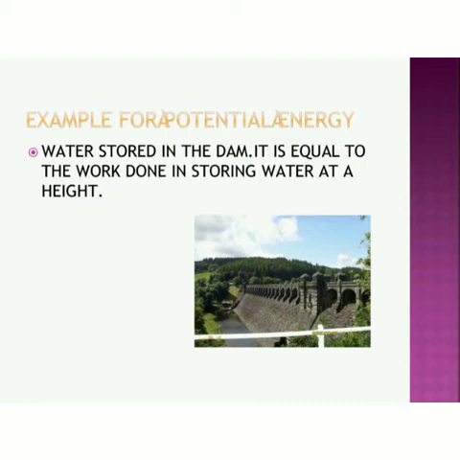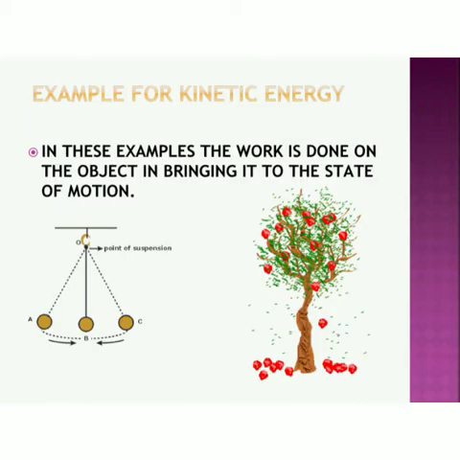Okay, and next, examples for kinetic energy. For example, an oscillating pendulum, a fruit detached from the tree or a branch, a falling hammer, a bullet from a fired gun, a running train, flowing water, a rolling ball. These are all examples of kinetic energy.